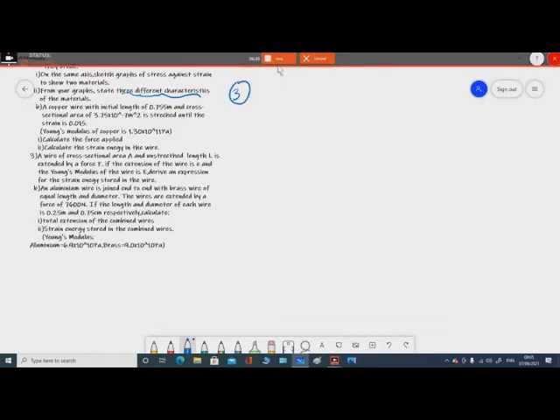So a wire with a cross-sectional area A and unstretched length L, the original length, is extended by a force F. If the extension of the wire is E, extension, and the Young modulus of the wire is capital E. Okay, so derive an expression for the strain energy stored in the wire.